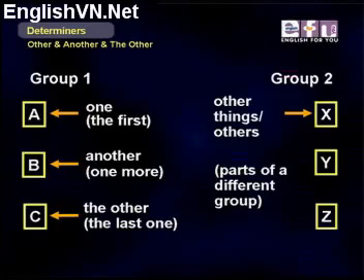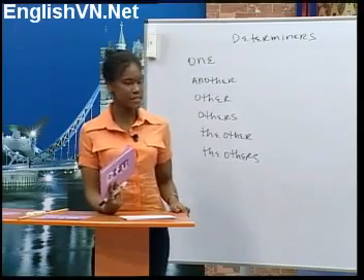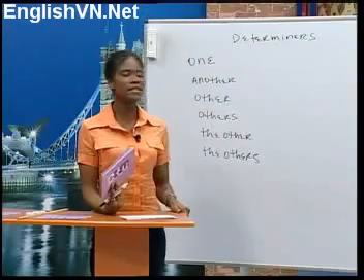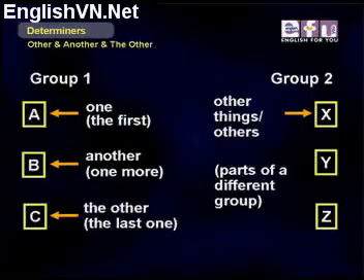Another student is Linda, and the third student we'll call the other because it's the last of 3, and that's Alberto. So the first one is 1, Sylvia, the second one, Linda, is another, and the third one is Alberto, and he's the other. Our second group of students are a Spanish class, and we can say that they are the other students or just the others.